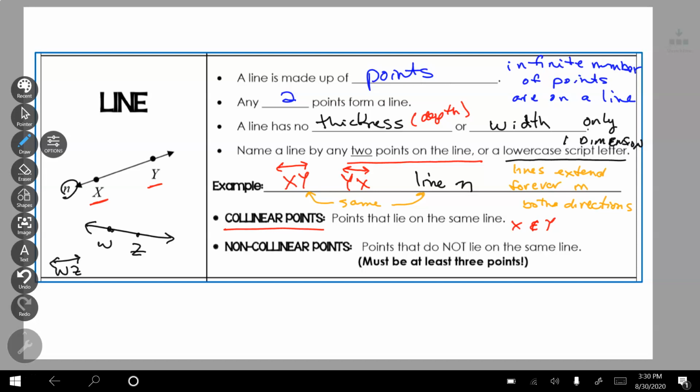W and Z would be collinear. 2 points will always be collinear, but if you wanted non-collinear points, you had to name at least 3. So you could say X, W, Z are not collinear. Even though W and Z are collinear, X is not on that line. So 2 points are always collinear. 3 points may or may not be.